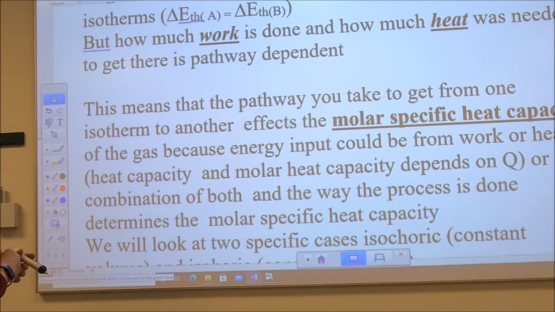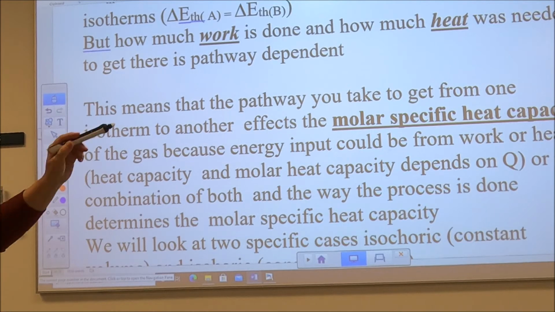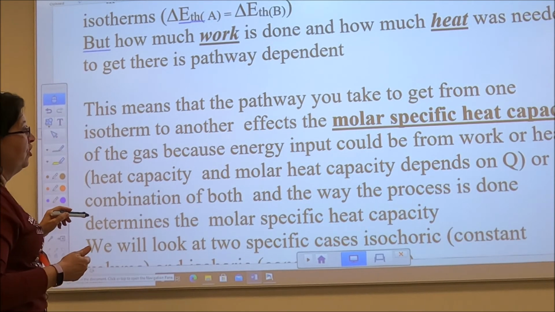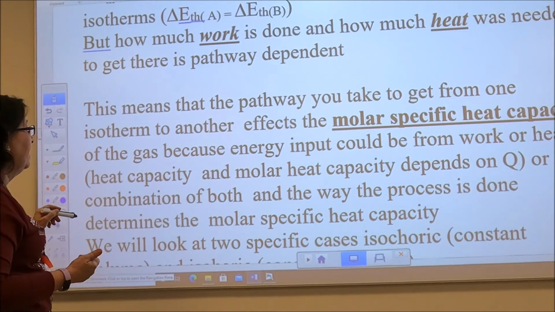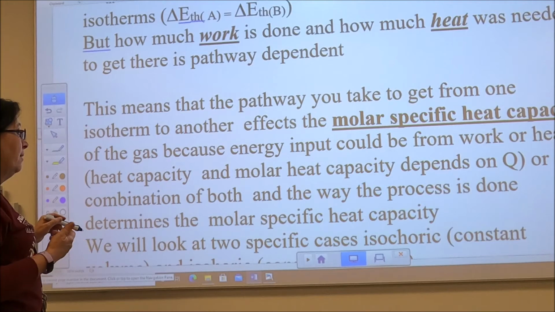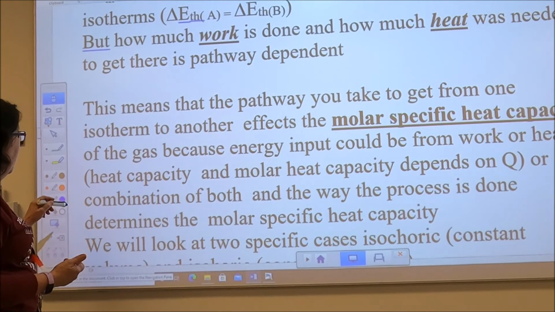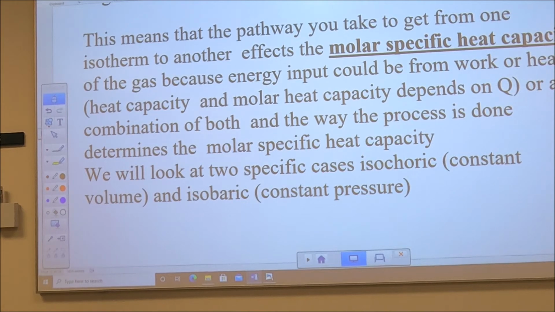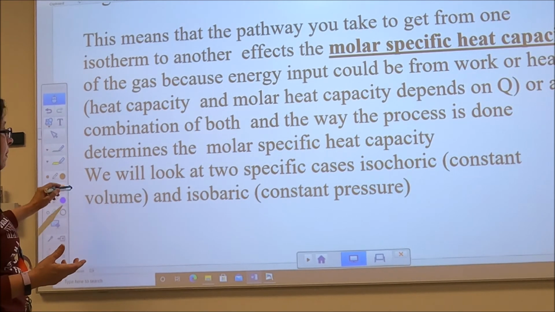So the pathway you take to get from one isotherm to another is actually going to affect the molar specific heat capacity of the gas, because the energy input from work or heat, or a combination thereof, depends on the pathway that you take. Remember, work and heat are pathway dependent. They are not state functions.